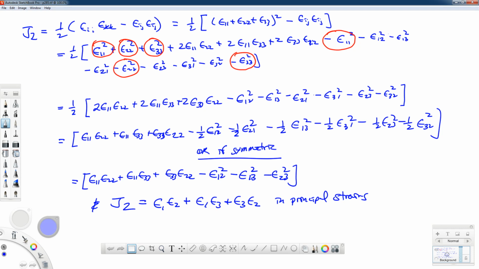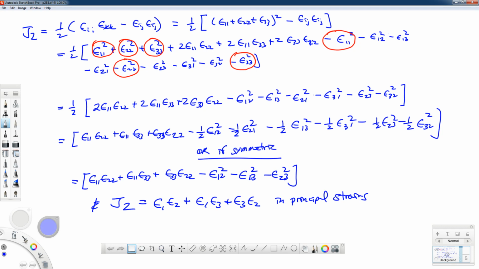The terms that are left involve the coordinate strains, the normal strains that look like epsilon 1,1 and epsilon 2,2. Okay, they're down here after the half is brought through.